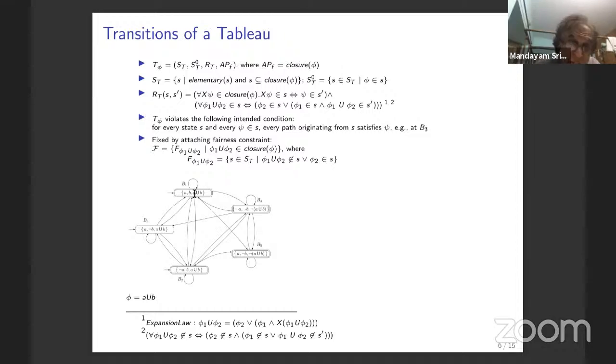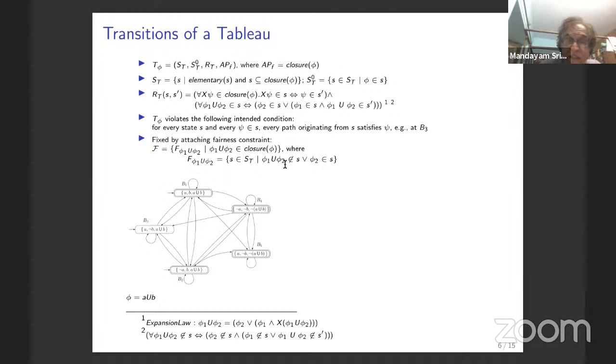But this expansion law will ensure that there is a transition from B3 to a state where the second argument to the until operator becomes true, which in this case is B. And then you get to B4. You see there is no transition from B3 to B4 or B5 directly. That's important to note.